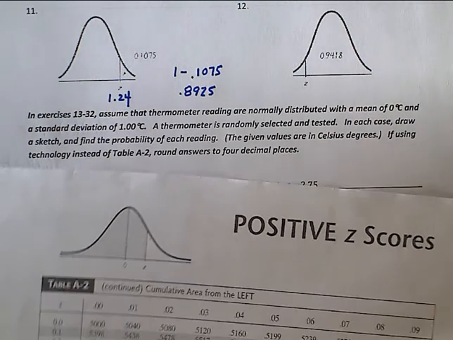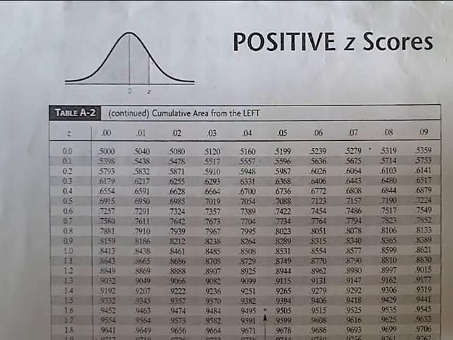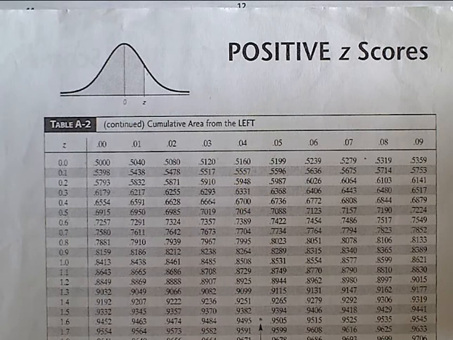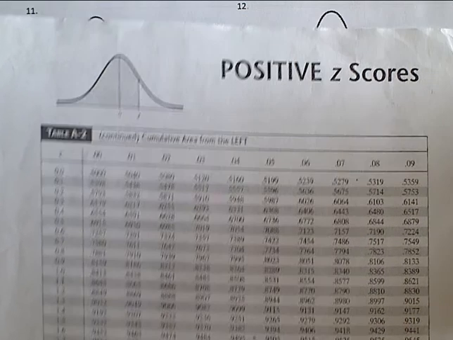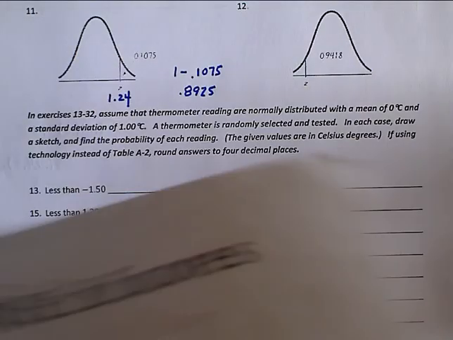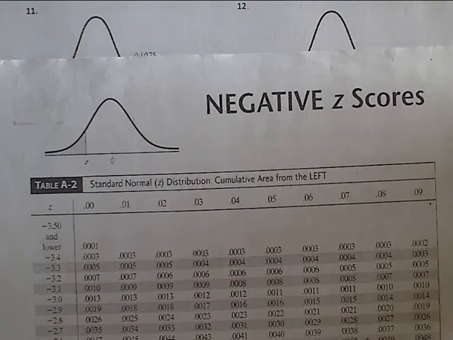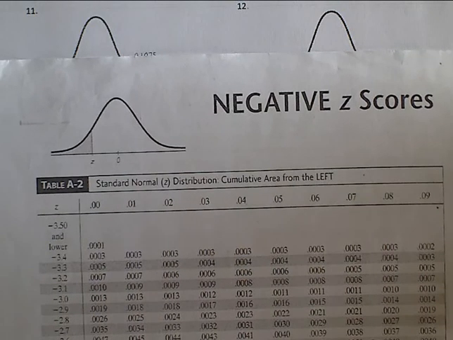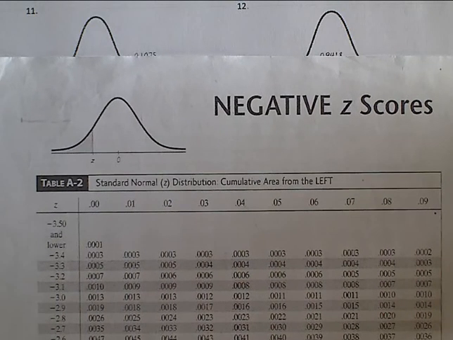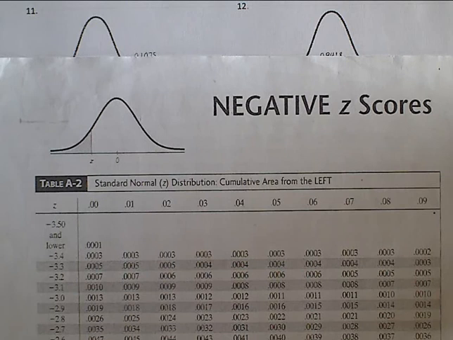Okay, number 10, they give you the left side. So 0.25 is less than 0.5, so that's a negative. Looking up 0.2546, again it's part of the table. That would be negative 0.66.